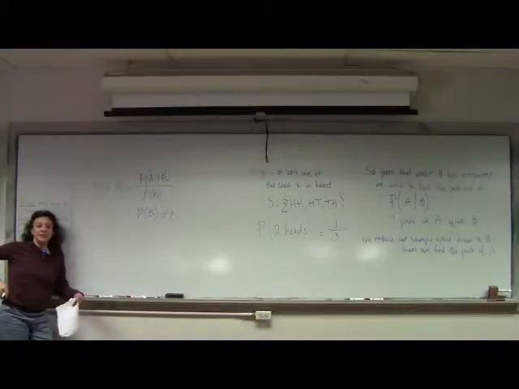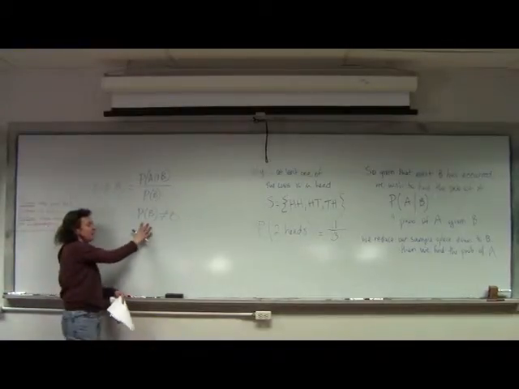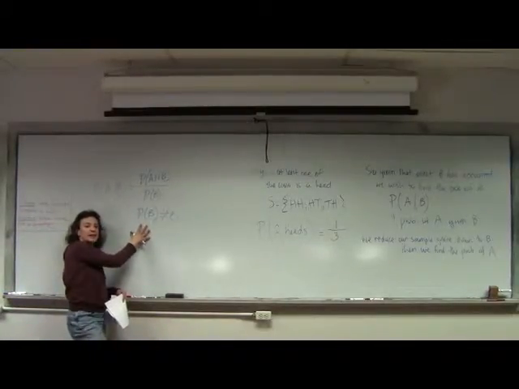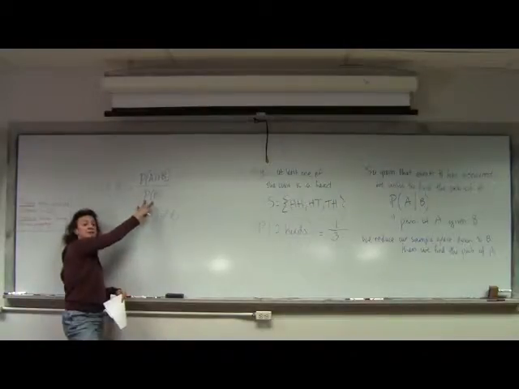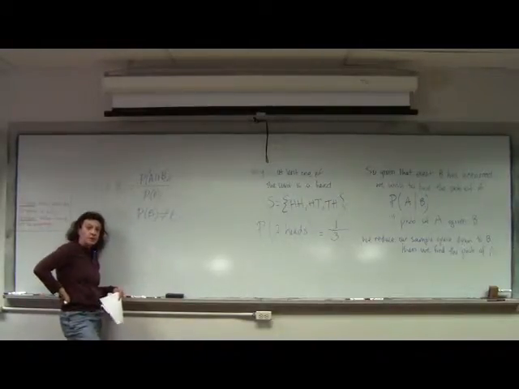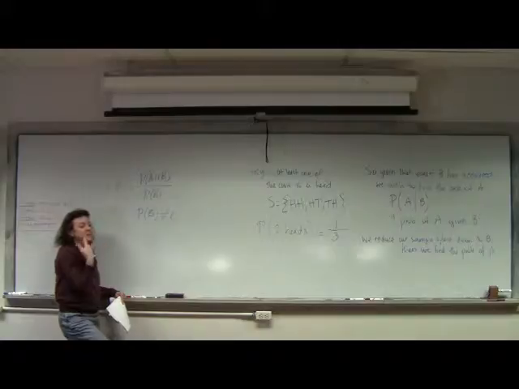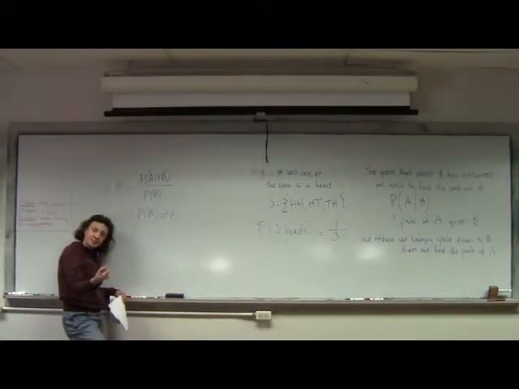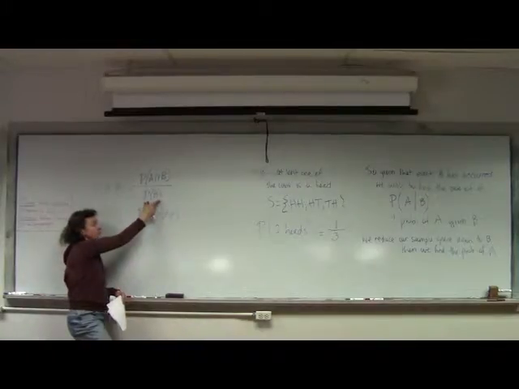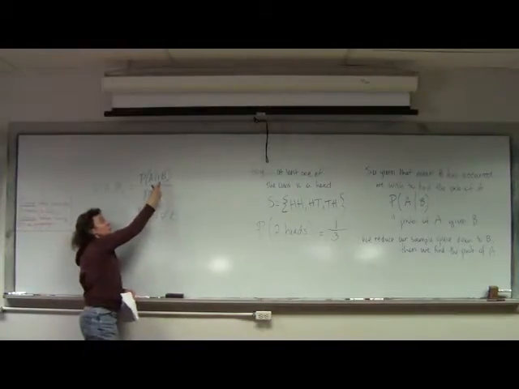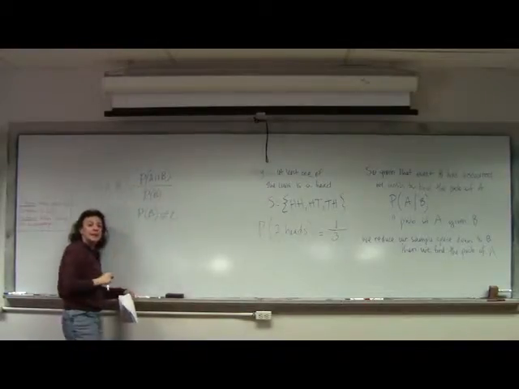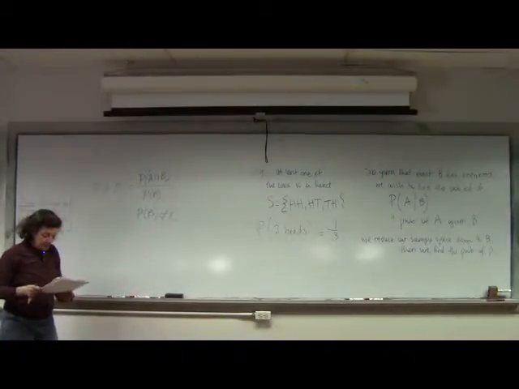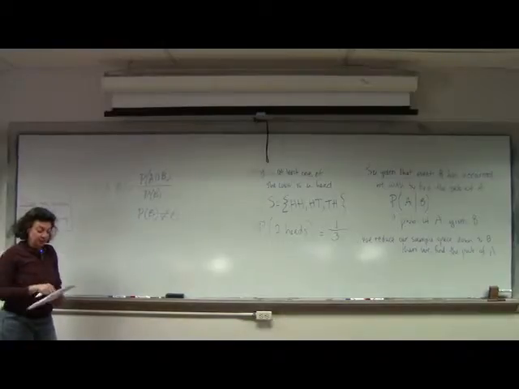Now let me just give you the idea behind this. First off, we have to assume the probability is not equal to 0 because it's illegal to divide by 0. Given our idea of conditional probability, remember we reduce our sample space down to B, and then within the realm of B, we find the probability of A. So that's essentially where that comes from.